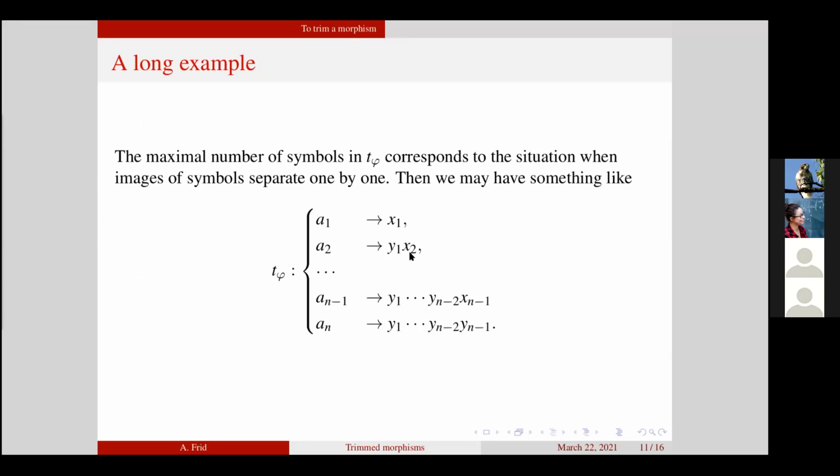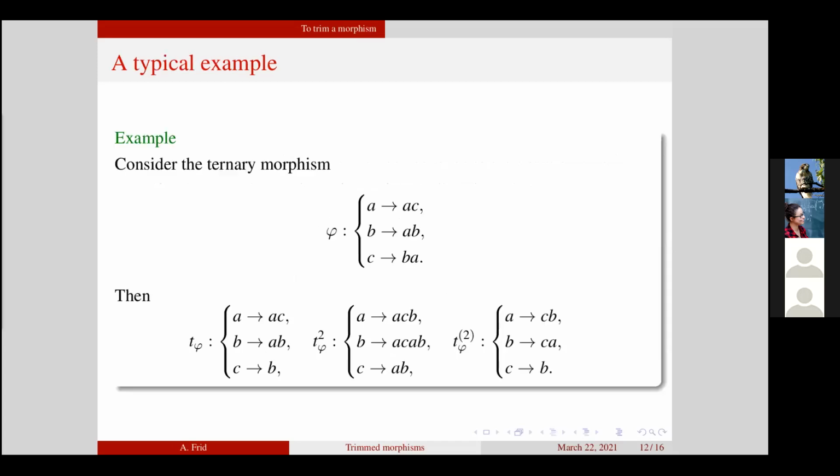Then there is the second symbol, which diverges from the others somewhere else, and so on and so on. So at last, we may have an image of a symbol in a trimmed morphism of length n-1. It may happen, and it is the longest possible situation.